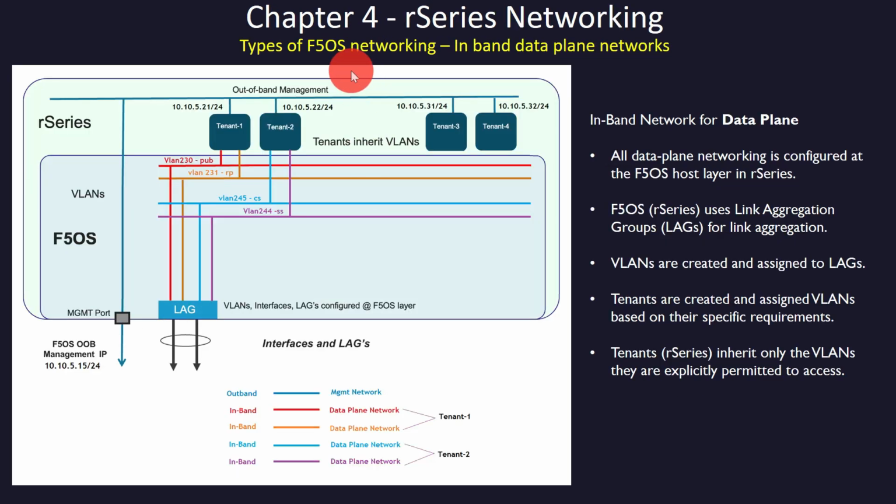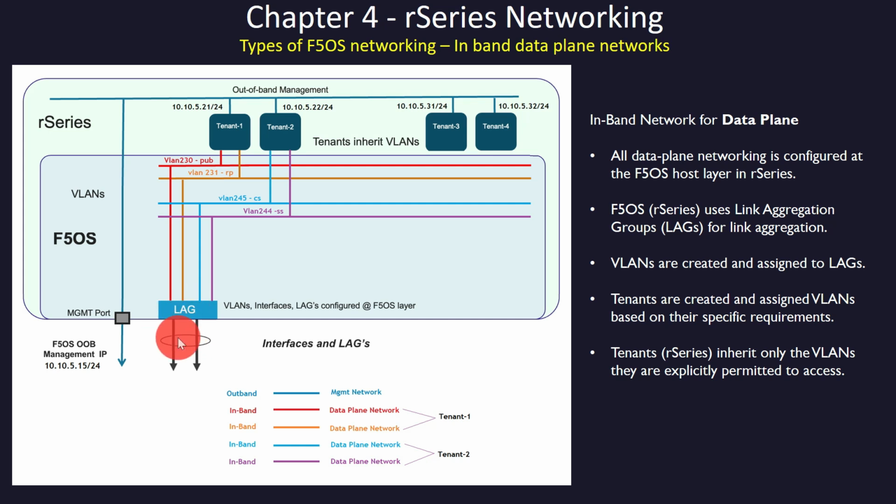Let us discuss the in-band network. In-band network is for the data plane. All the data plane networking is configured at the F5OS host layer. F5OS in rSeries uses link aggregation groups, which we call LAGs.